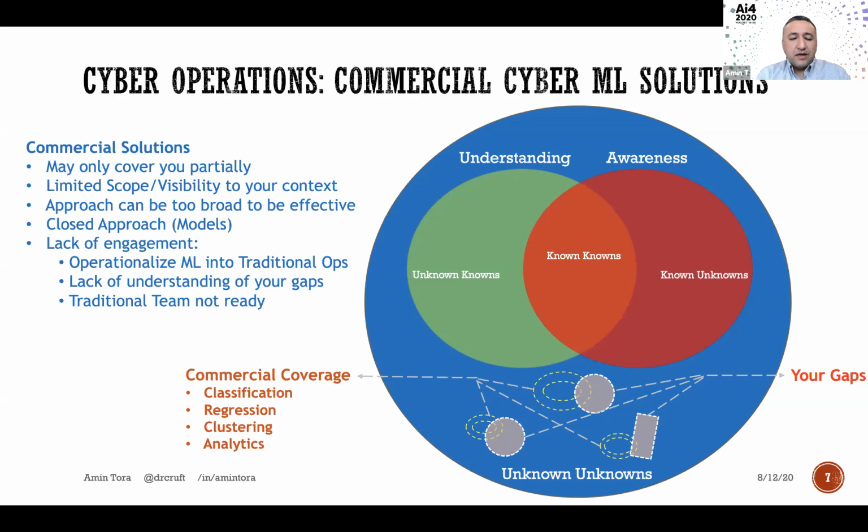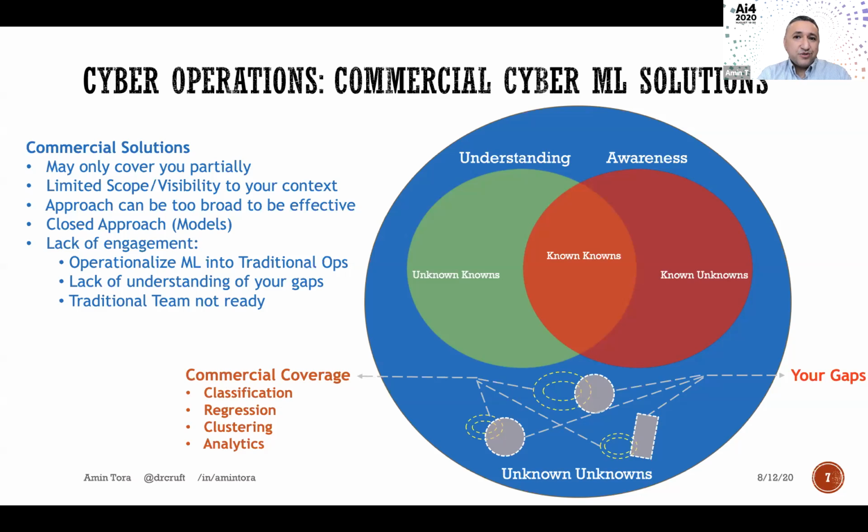What happens is, you deploy these commercial solutions, and your team's not operationally ready for a machine learning based approach. The commercial vendor also may not have a full understanding of the gaps in your environment and what you're looking to do, because maybe we ourselves are not aware of our gaps.